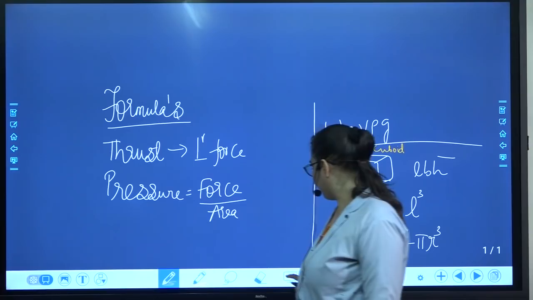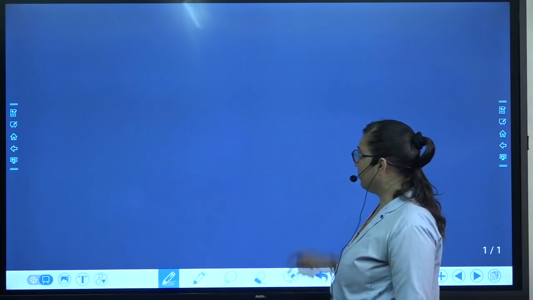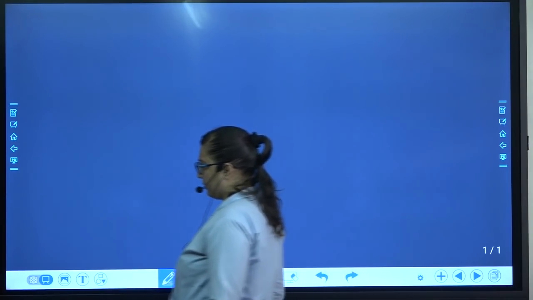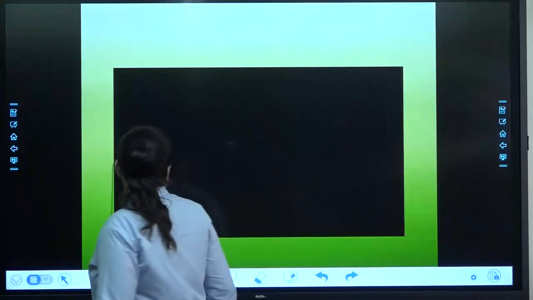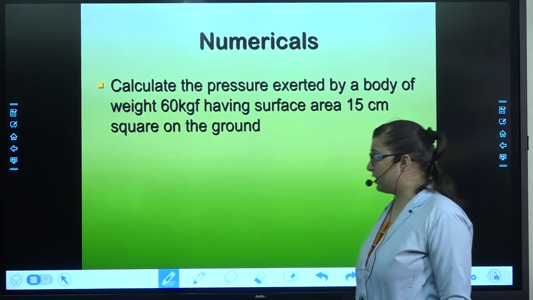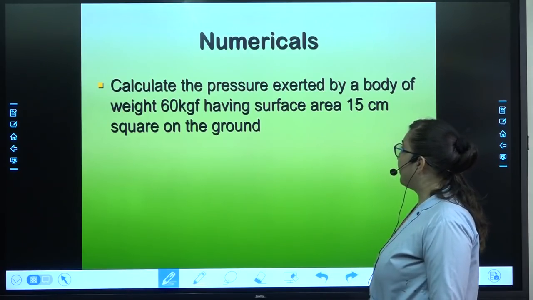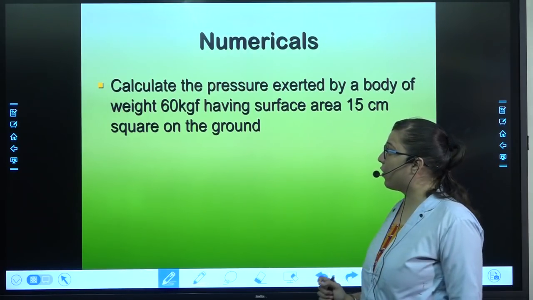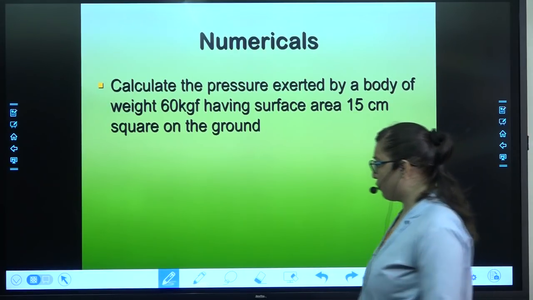So now let's move on to the given numericals. The very first numerical: calculate the pressure which is exerted by a body of weight 60 kilogram force.